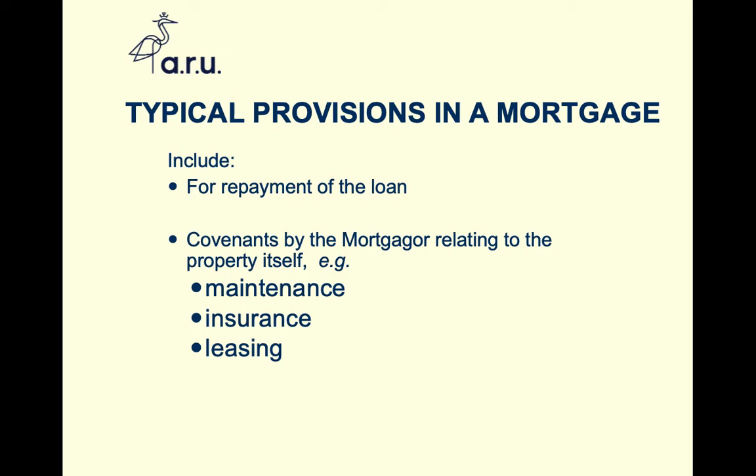So it's really the bank's asset, it's the bank's security. So the bank will make the borrower behave this way, will make sure that the asset doesn't depreciate, will make sure that if the asset goes on fire that there's some insurance, will make sure that the asset isn't going to be rented out to Twitchy the Tramp and left to rot and be destroyed. So the bank will very clearly evidence that they want the property looked after in these ways because it remains their asset until the debt is repaid.